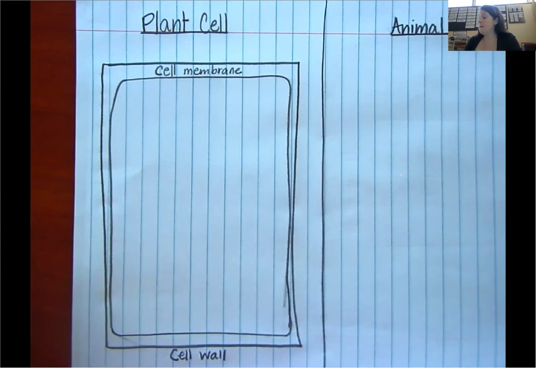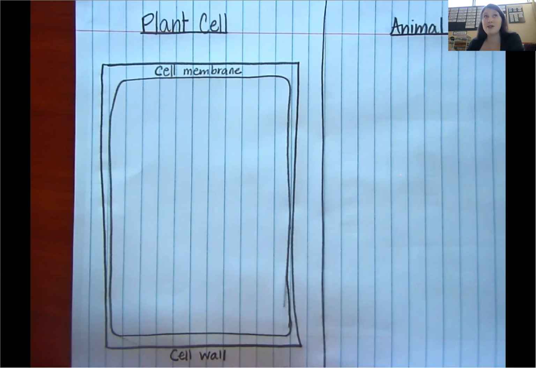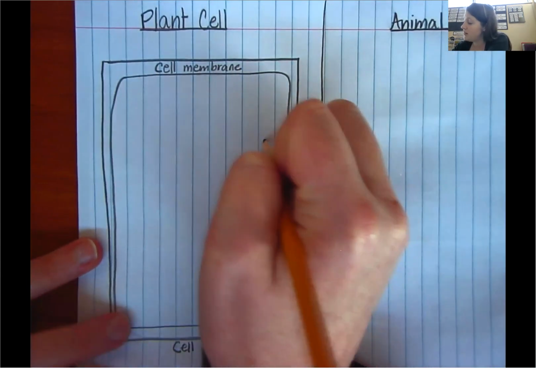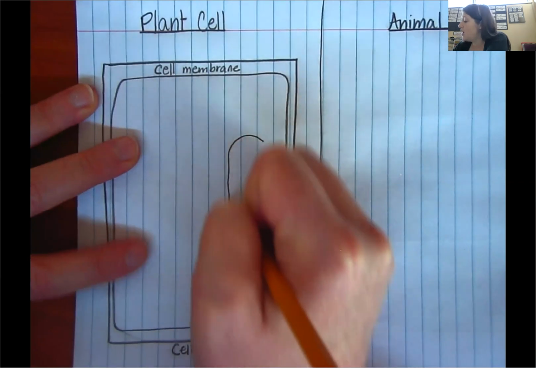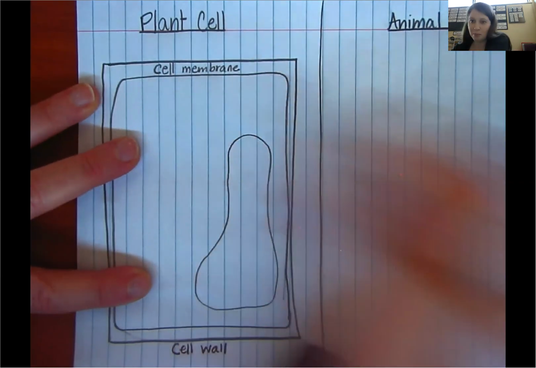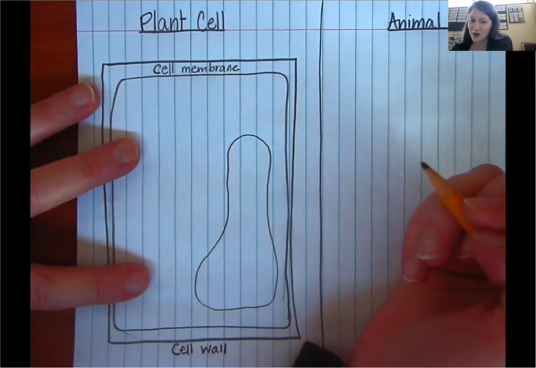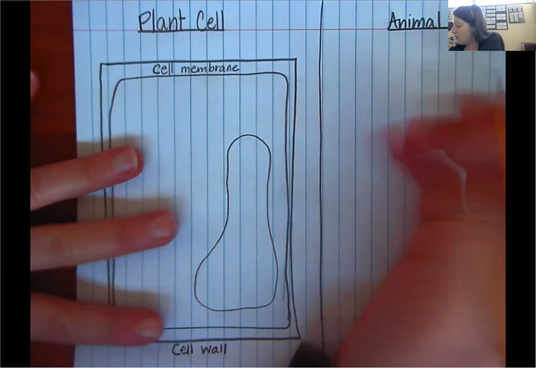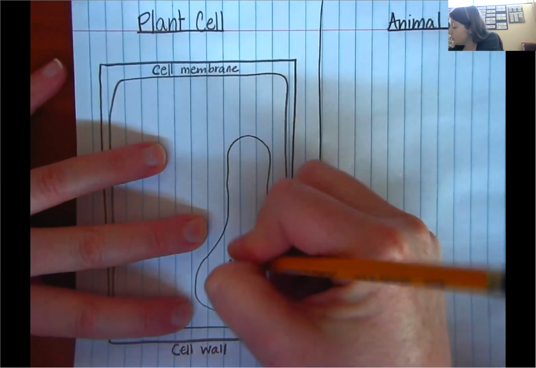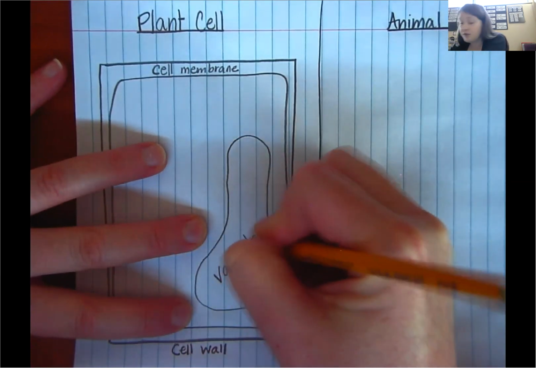Okay, the biggest organelle on a plant cell is a vacuole. Now, plants, we know, go through photosynthesis, and one of the ingredients, I'm giving this a random blob shape, though it's not exactly like this, but we know plants need water, and the vacuole is actually the organelle responsible for holding the water.